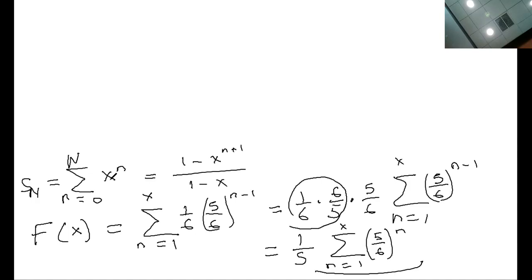Do you see the difference between this expression and the one here? Can somebody point out a difference between the two expressions? Yes, Jacob. The starting point. This one is starting with 0, and the one we have for F of x is starting with 1. So how do we resolve it?